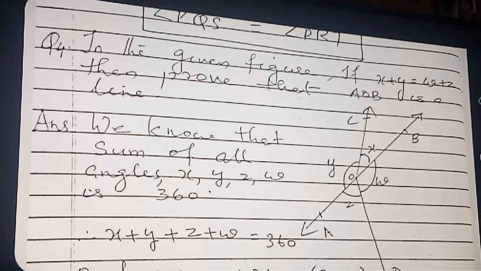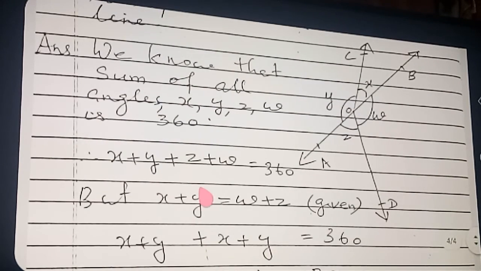See the next point, what is written? But x plus y is equal to w plus z, given in the question. Did you get the point clear? So in the place of z plus w or w plus z, this much, I will write x plus y. See here, listen properly. What is x plus y? x plus y is the same as w plus z, given, no?